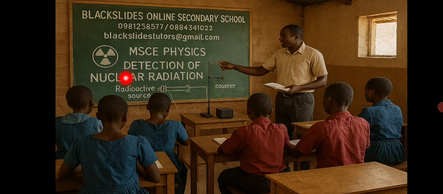If you can't see them, you can't smell them, it is difficult for you to tell their presence. It's difficult for you to know whether you're exposed to them or not. Therefore, we need to find means of detecting their presence wherever they exist.